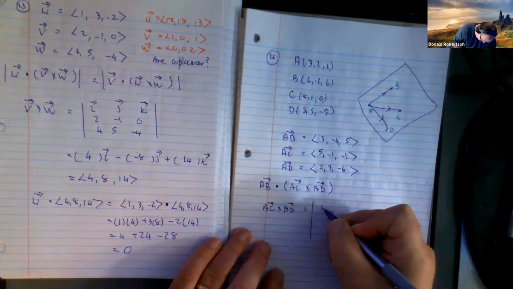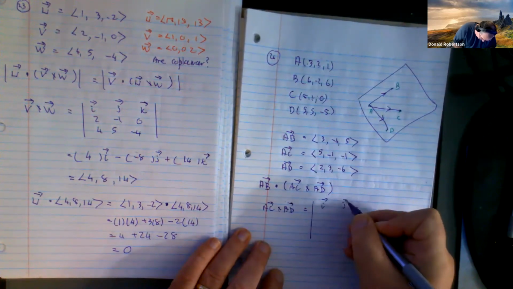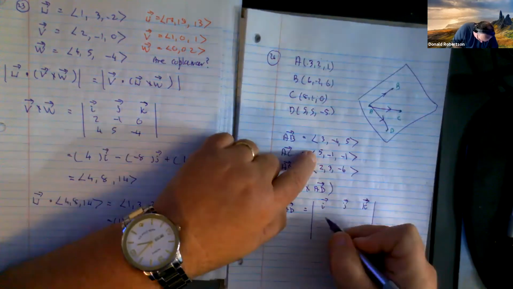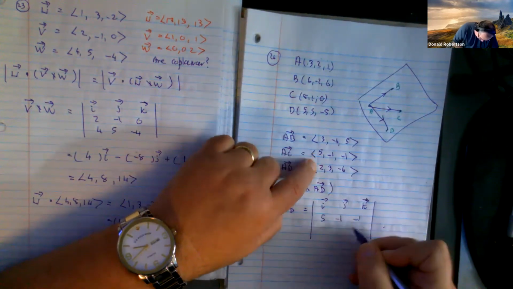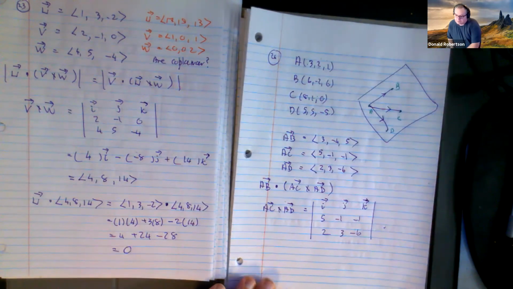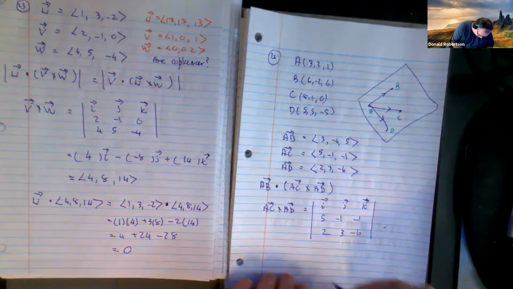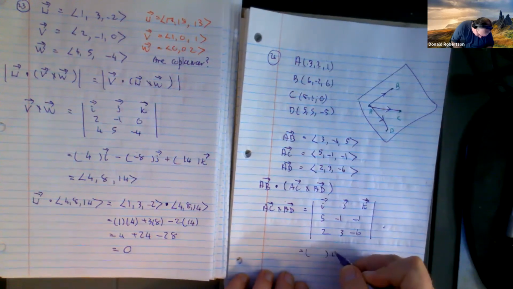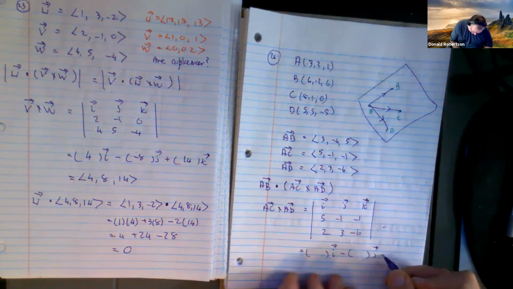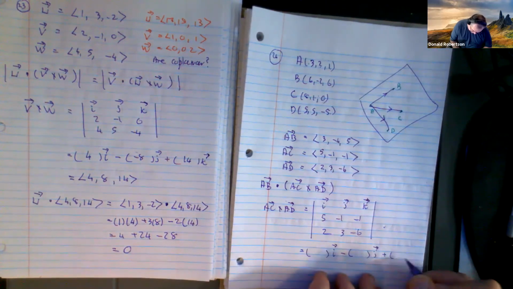So it's going to be I, J, and K. And this one goes first, and this one goes underneath. Then we're going to do so many I's, take away so many J's, plus so many K's.